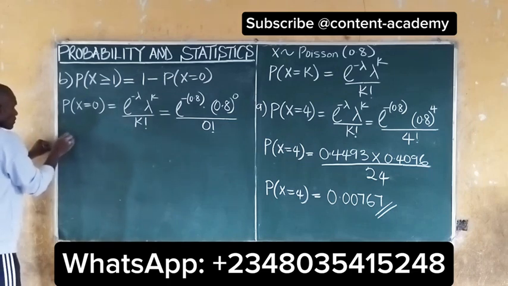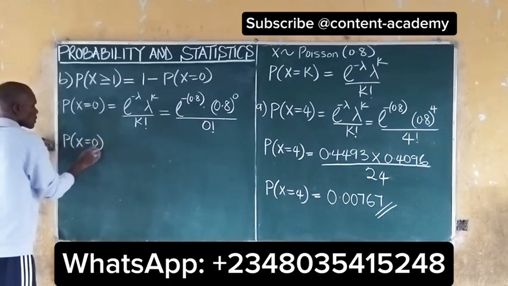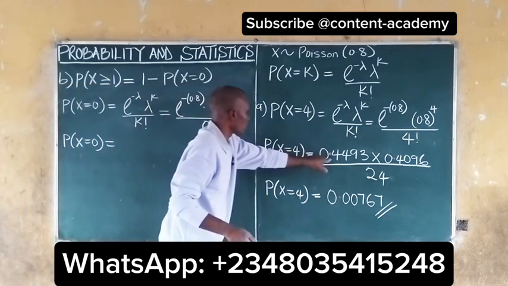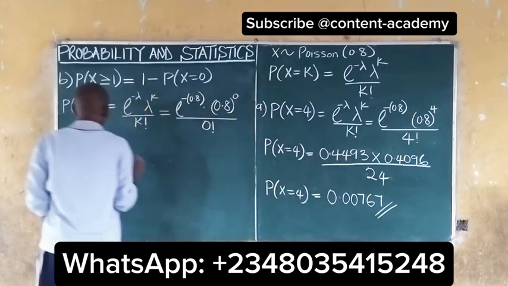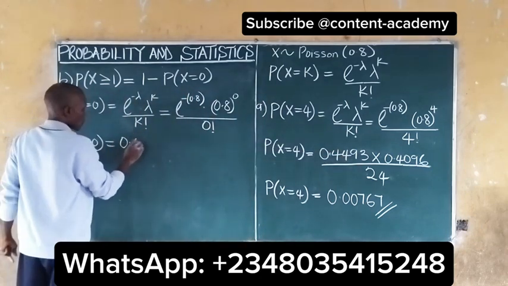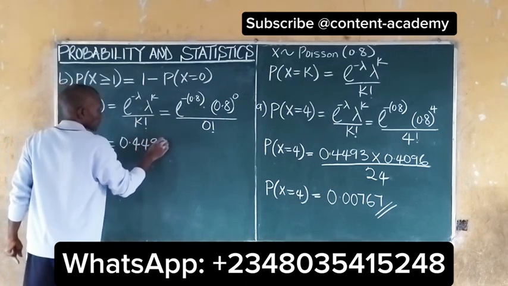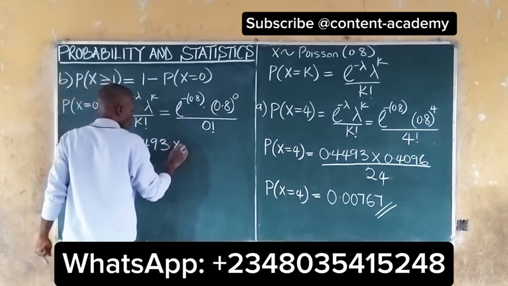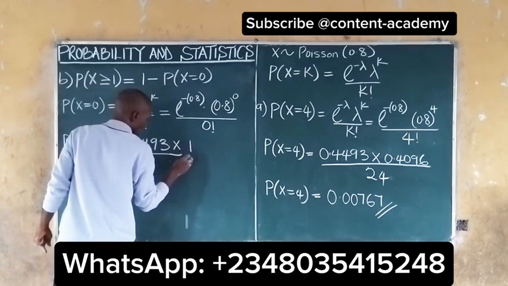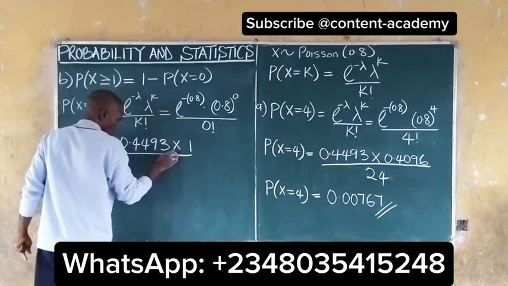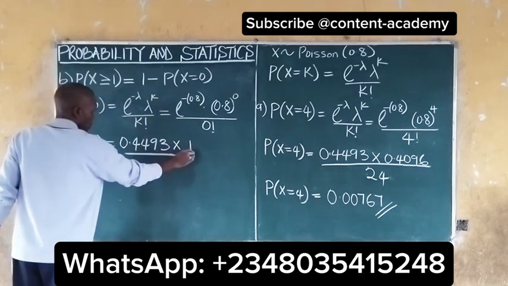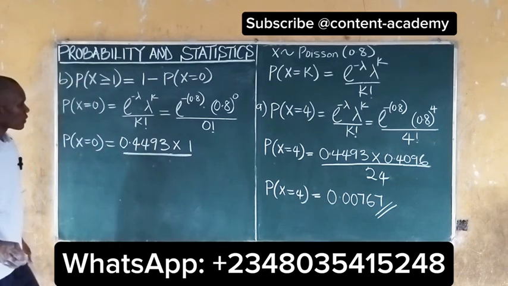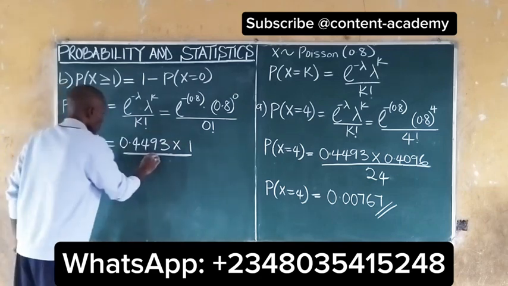So the probability that X is equal to 0 will be equal to, now our exponential negative 0.8 is 0.4493, multiplied by 1 all over 0 factorial, and 0 factorial is 1.